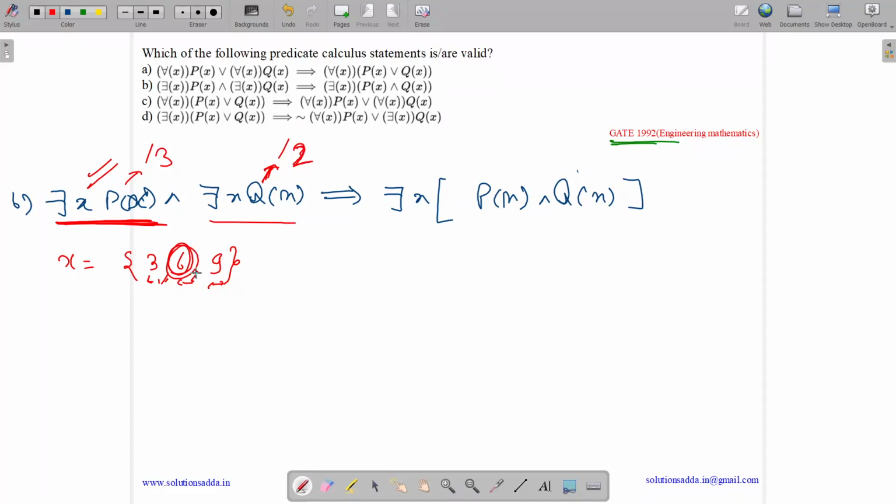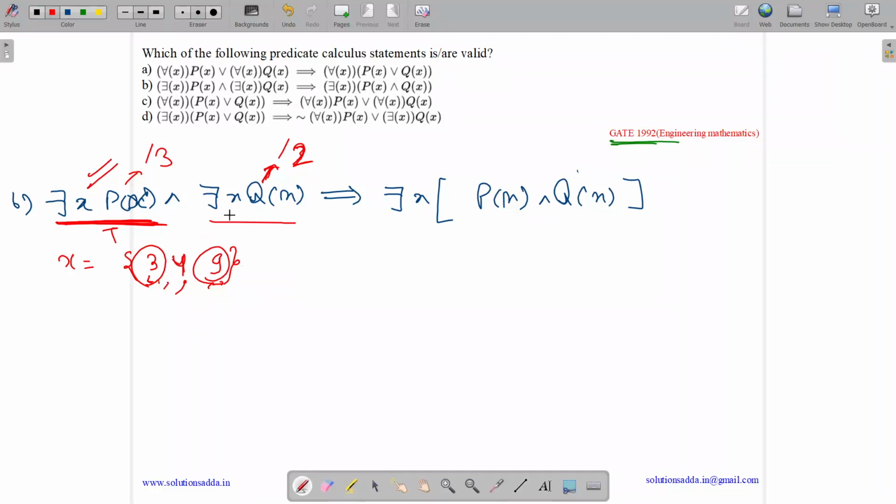Or let us do one thing. If we want to make this false, let us take only items 3 and 9. There exists an item such that it is divisible by 3. Yes, both 3 and 9. So this is true. There exists an item such that it is divisible by 2. Is there any item which is divisible by 2? So let us take 4 over here.